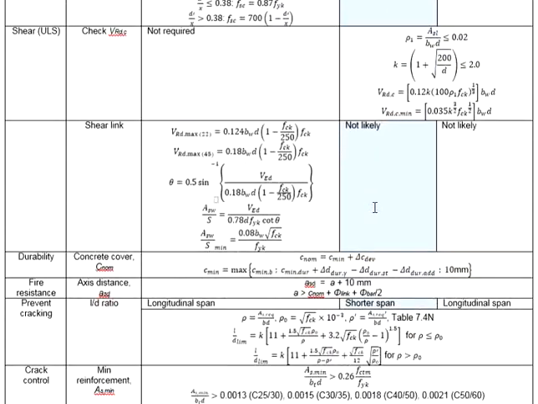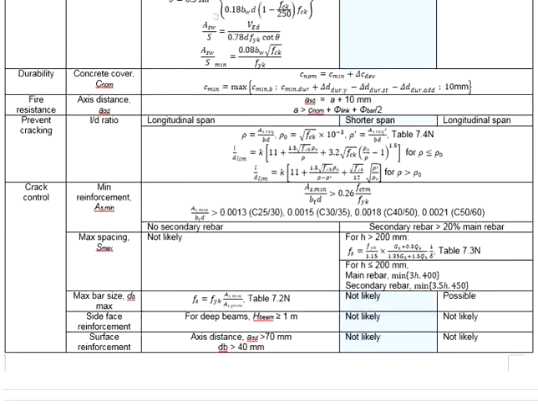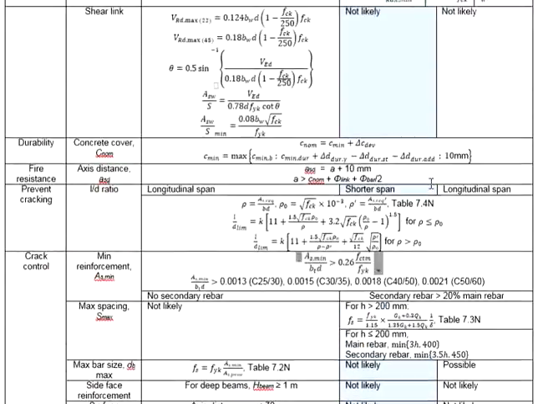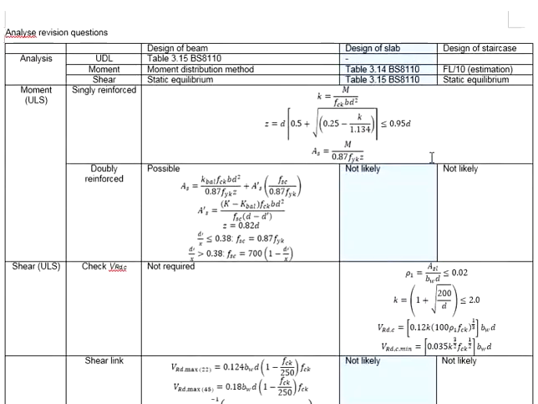However, as you go through the revision questions as well as the explanations in terms of the comparisons between the reinforced concrete beam, slab and the staircase, you will have noticed something.